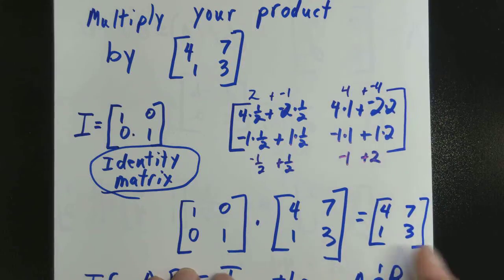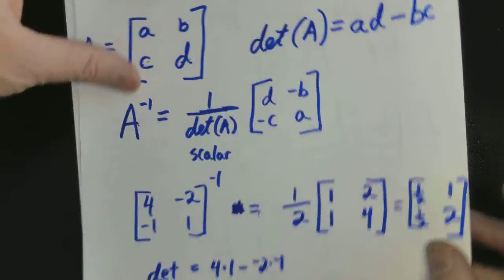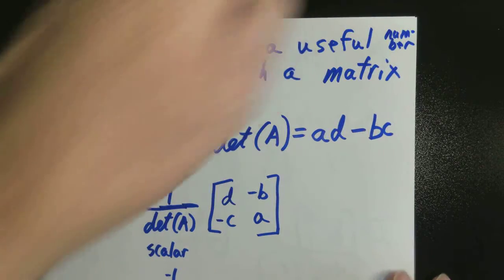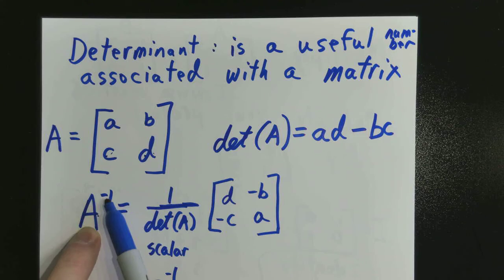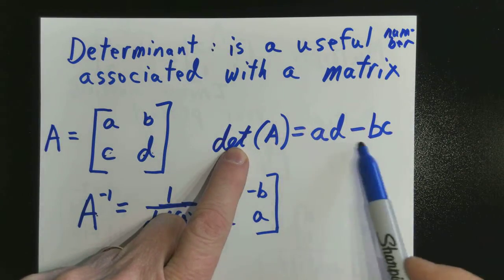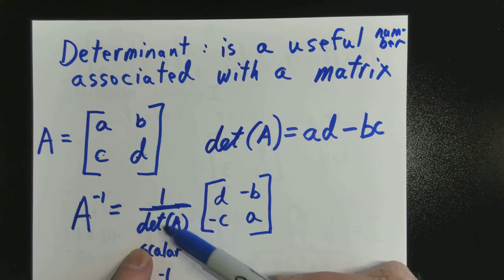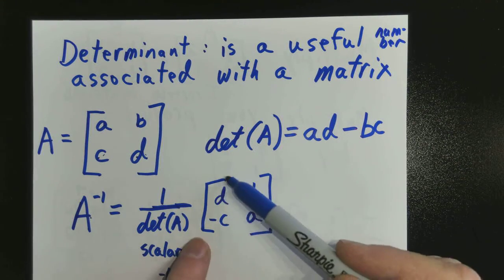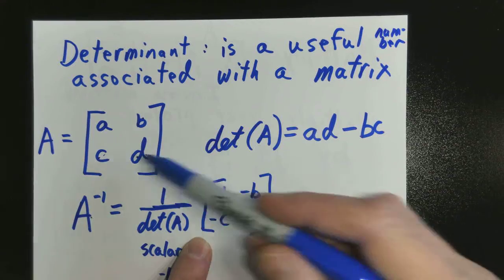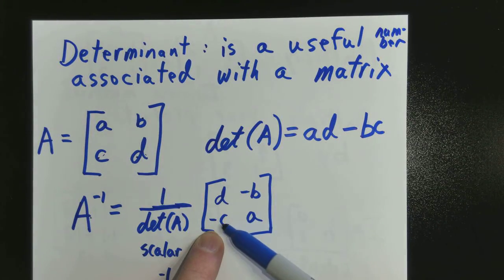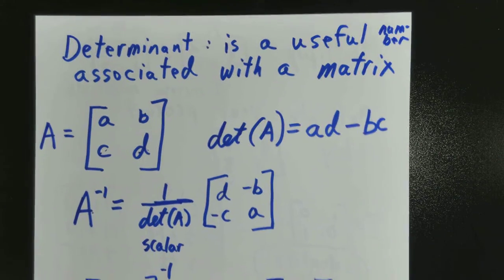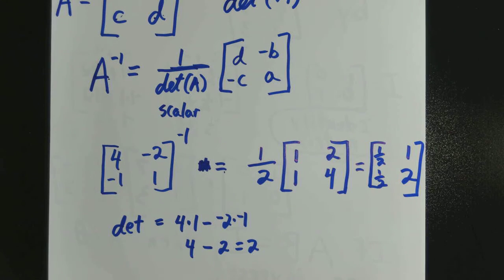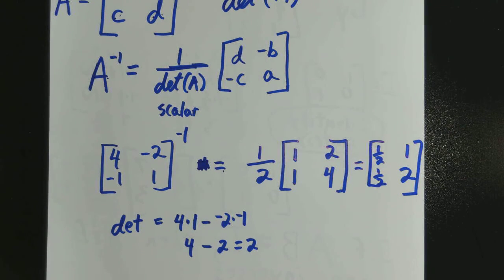And our method for finding an inverse matrix is to figure out the determinant, which we defined here. Take 1 over the determinant as a scalar and multiply it by, do this switcheroo here. Leave those the same but switch their signs. Any questions on that? This part? Yep. Sorry. Thank you. Okay?